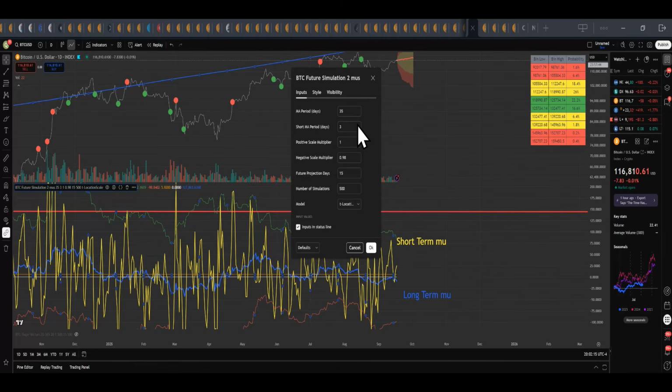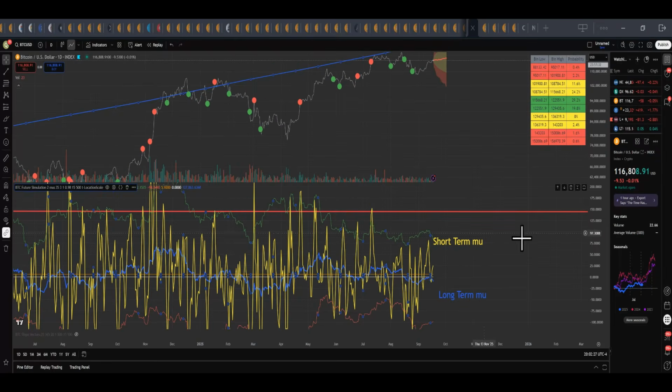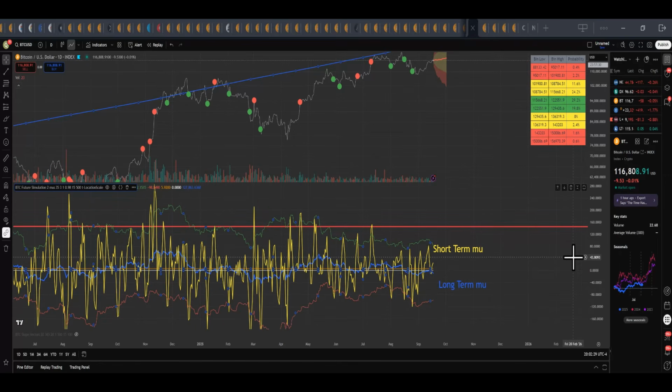But you can play around with these and see what you get, as an experiment, but go back to default if you get lost. So basically, we are calculating this distribution, and we're calculating where this mu is over a much shorter term. So it's going to change much more than the blue line because it's over a short period of time.